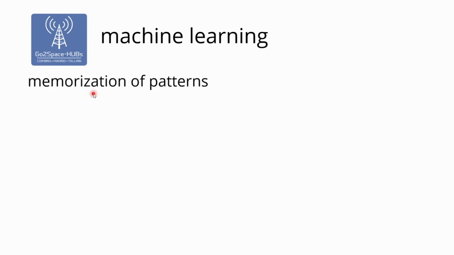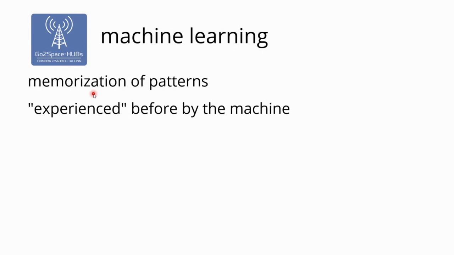It is based basically on first memorization of patterns, of some signatures, created from experience by the machine. We can deliver those patterns to the machine. We can show, for example, this class of objects should look like that, and this class of objects should look like that, and learn it. So we teach this machine, and after that, when it has learned all the things it needs, it analyzes new data based on what it learned before. So basically that's it.